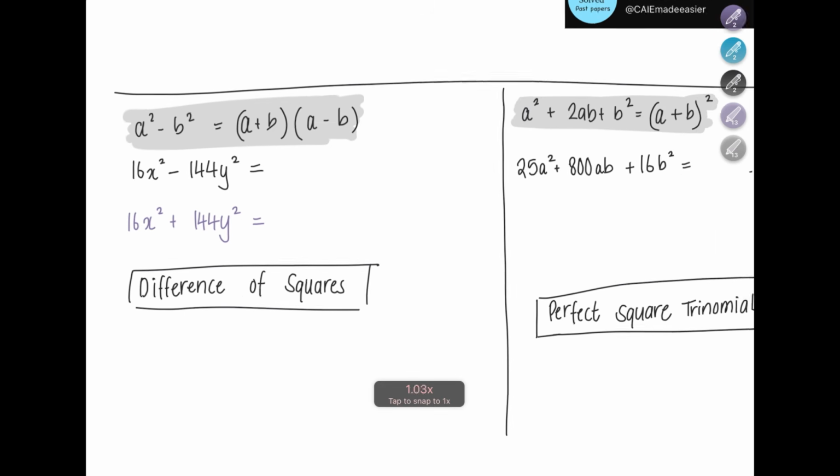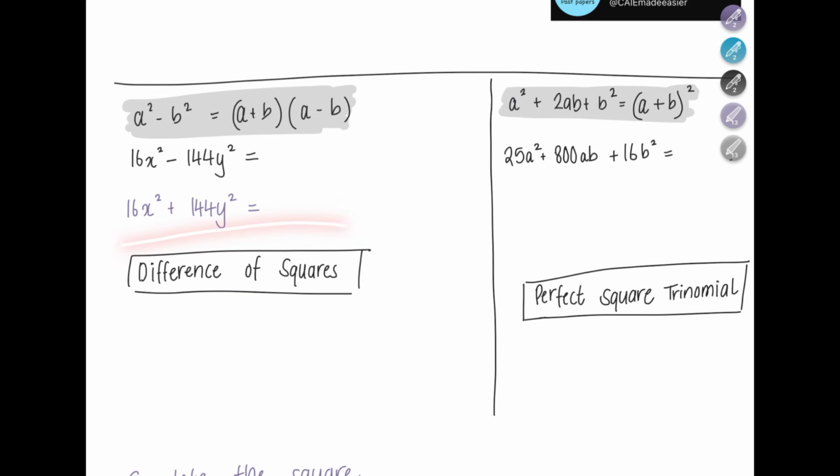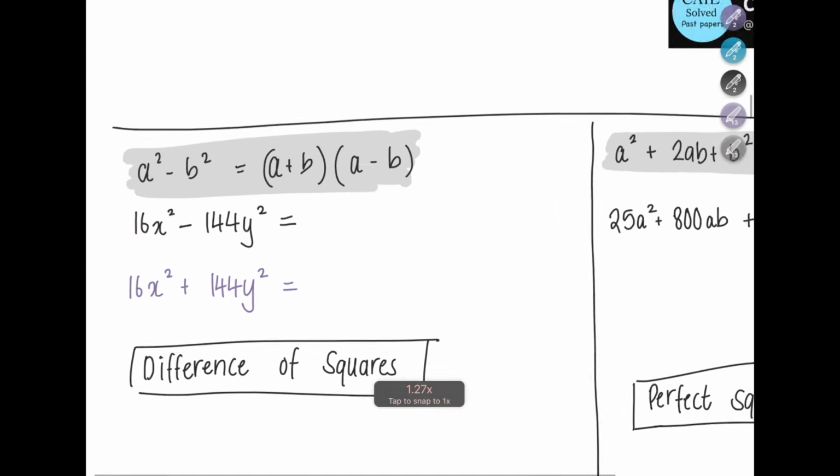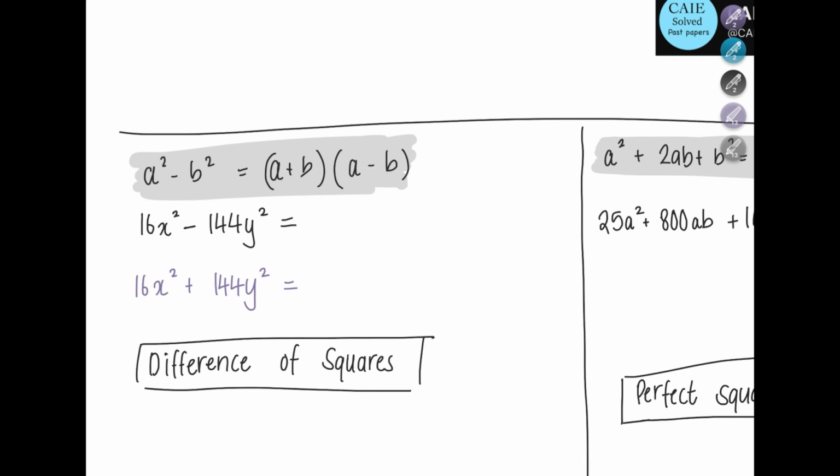Now we have another concept which is called difference of squares. Whenever you have a squared minus b squared, this is going to become, remember you need to have a minus sign, a plus b, a minus b. So here 16x squared minus 144y squared, 16x squared is 4 squared x squared and 144y squared is 12 squared y squared.